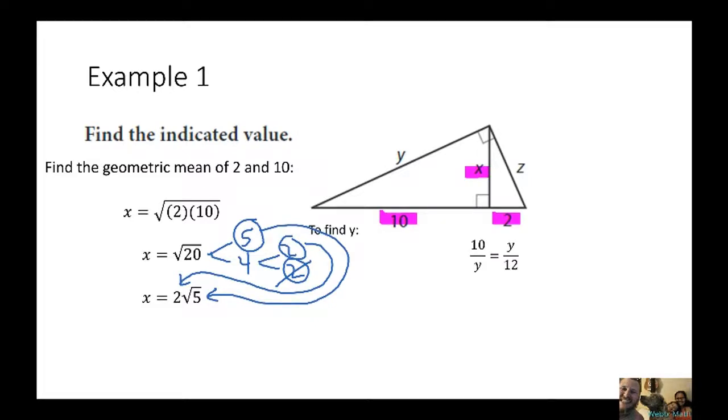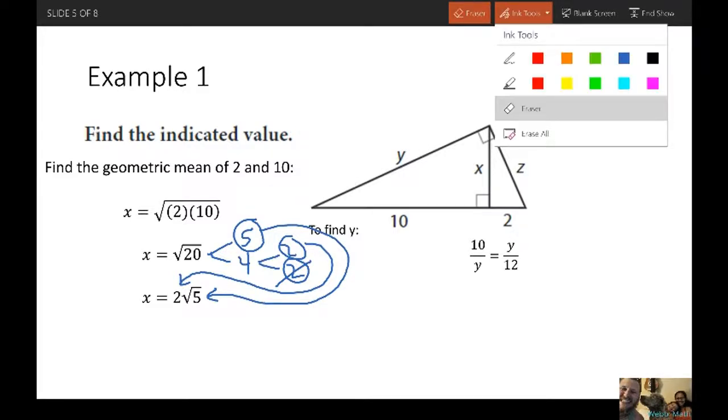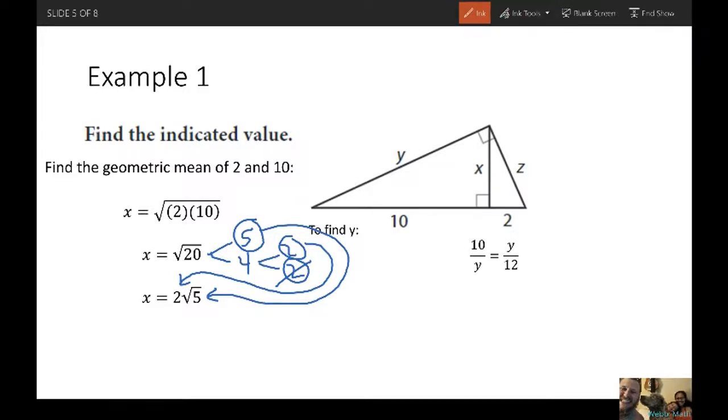Okay, to find y, we're setting up a proportion, and you really don't need to if you remember your last slide. What goes with what? You should be thinking like this: my y is going to be proportional to this guy plus this whole thing.